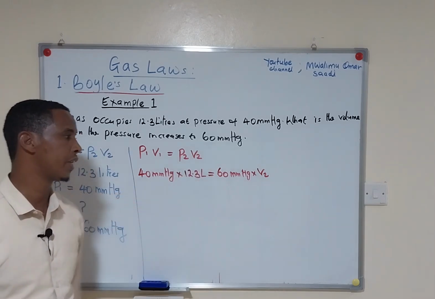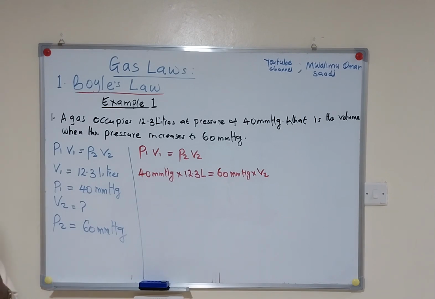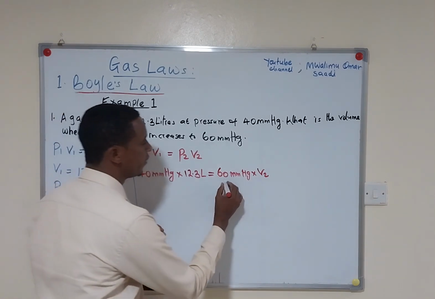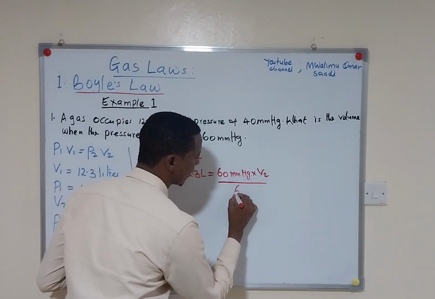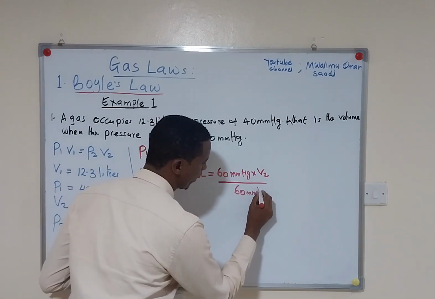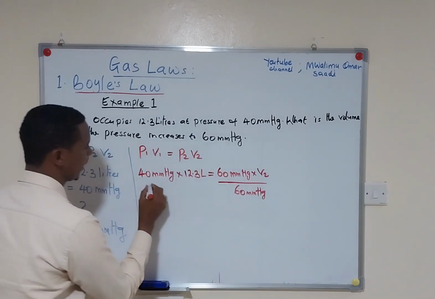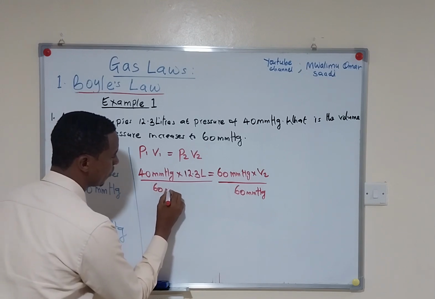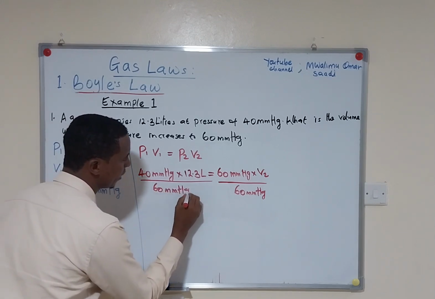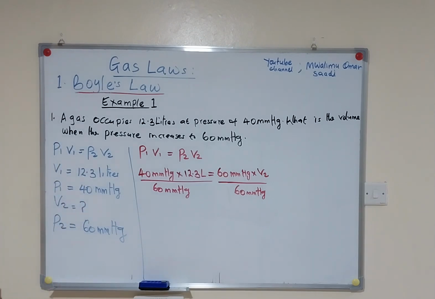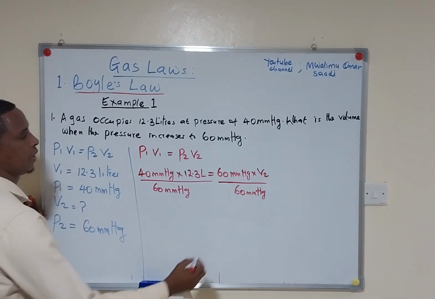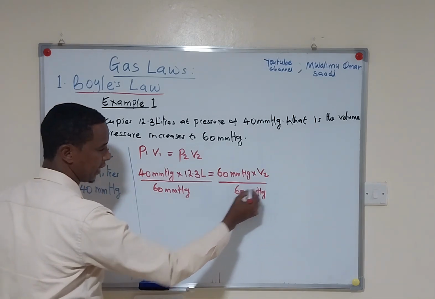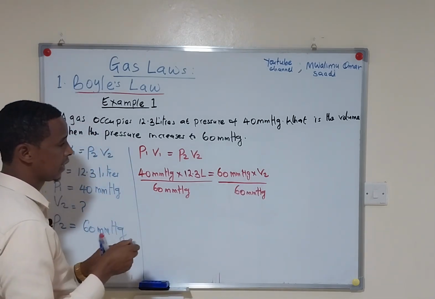So to get V2, we divide by 60 millimeter mercury on this side, and on the other side we divide by 60 millimeter mercury. So let us cancel this together.